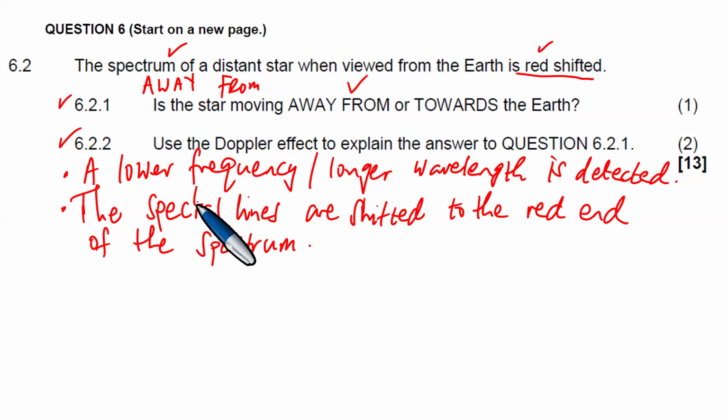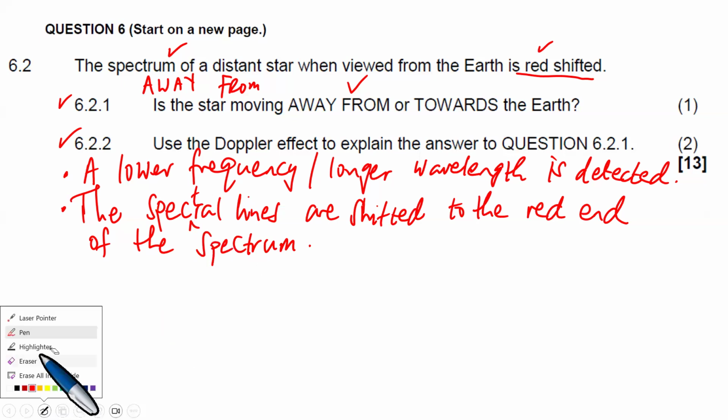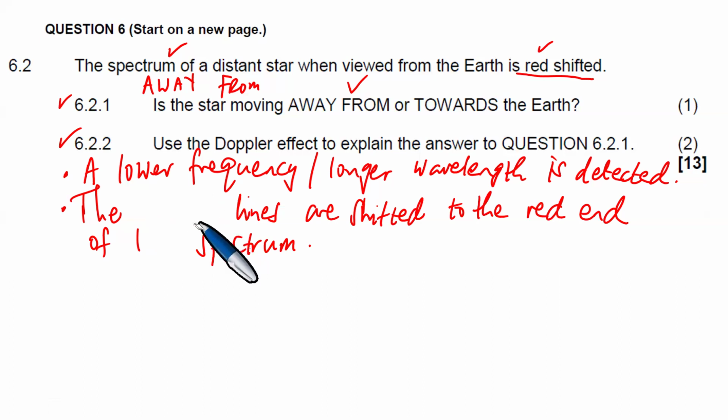Let me write that and spell it correctly: the spectral lines are shifted to the red end of the spectrum.